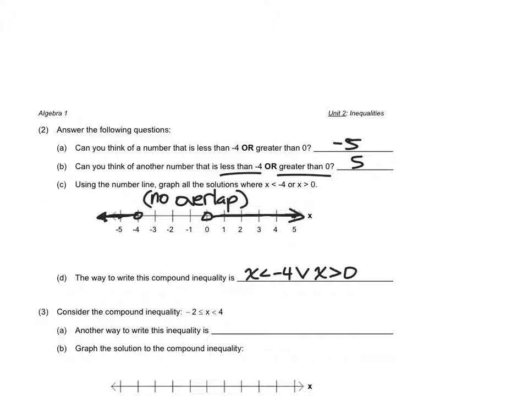The one thing you're not going to do is write it as a compound in that form. All right, so you're not going to write it like this. That's not how inequalities work.